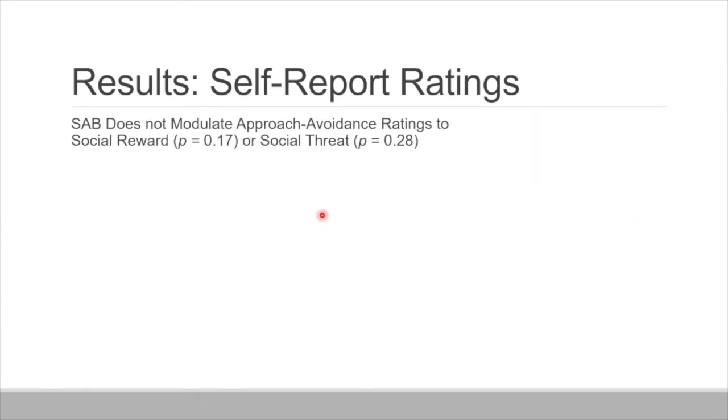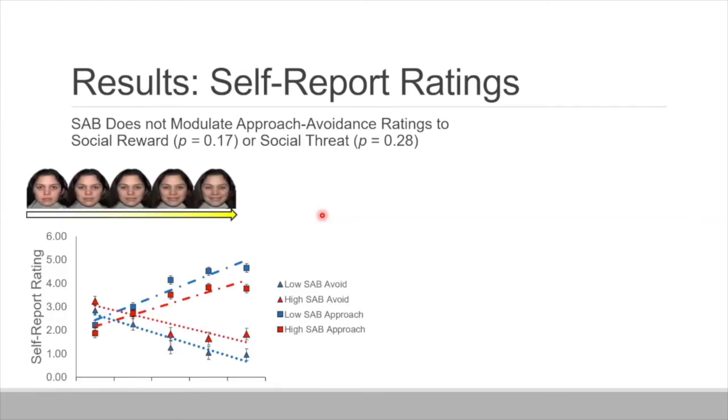Then to highlight the specificity, we don't see the same pattern of results for either social reward or social threat when those are morphed in isolation. For the social reward spectrum, there's a main effect where they're more avoidant or less approach oriented, but it doesn't really seem to differ across the morphs. It doesn't seem to matter what the particular values are.